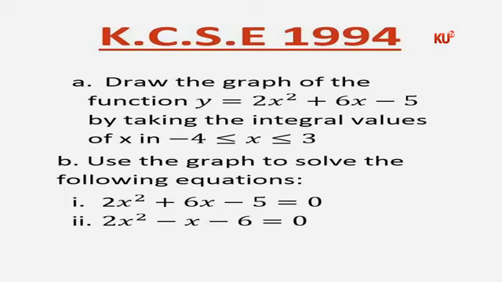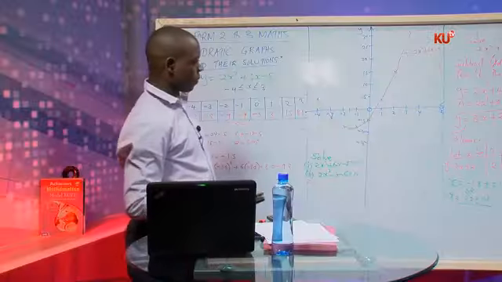Then Roman 2, we are using the graph to solve 2x squared minus x minus 6 is equals to 0. So let's see how we work it out.